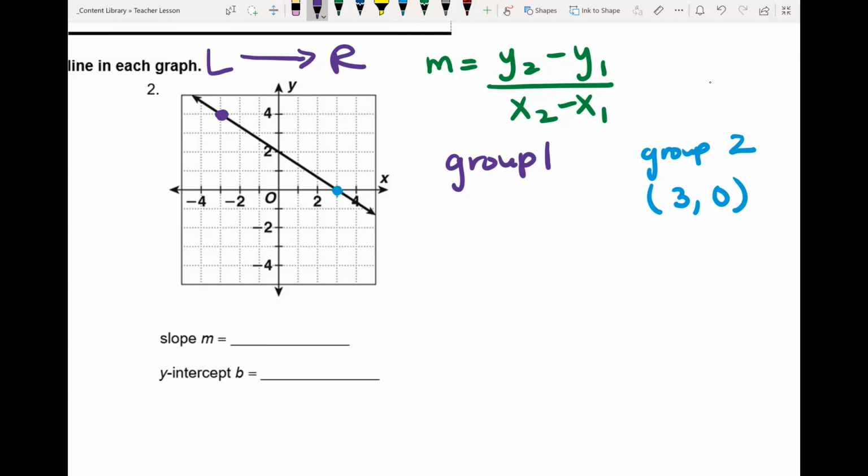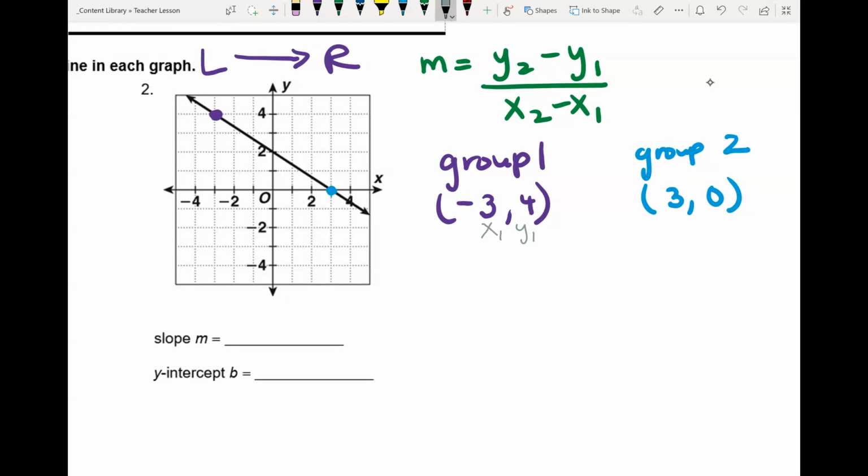And I forgot about my group 1 point. That will be my x value first, which is -3. And then I went up to 4. So now I know for sure this is x1, y1, and this will be x2, y2, because this is group 2 and that's group 1.